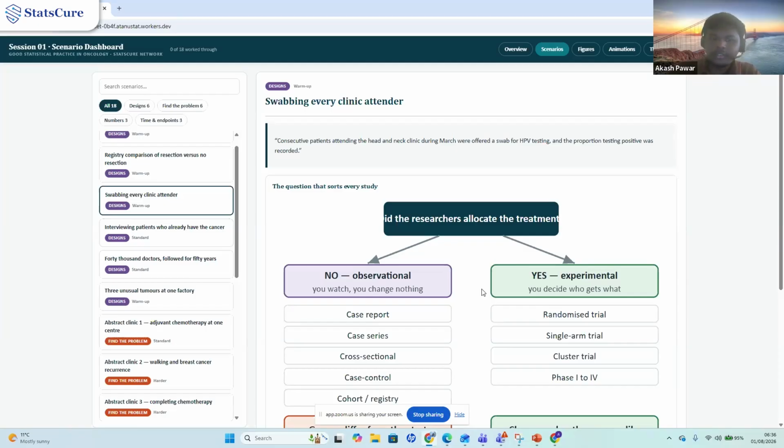No, this is cross-sectional. Cross-sectional, one said experimental.